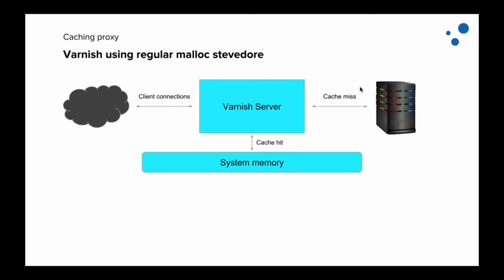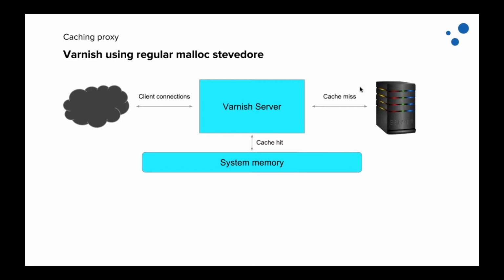It uses the malloc stevedore, it says on the top there. First, a couple of words about the term stevedore. Varnish has a configurable concept of stevedores, where a stevedore is something that handles the object database, the list of objects that we have and where those objects reside for fast delivery to the clients during request handling.